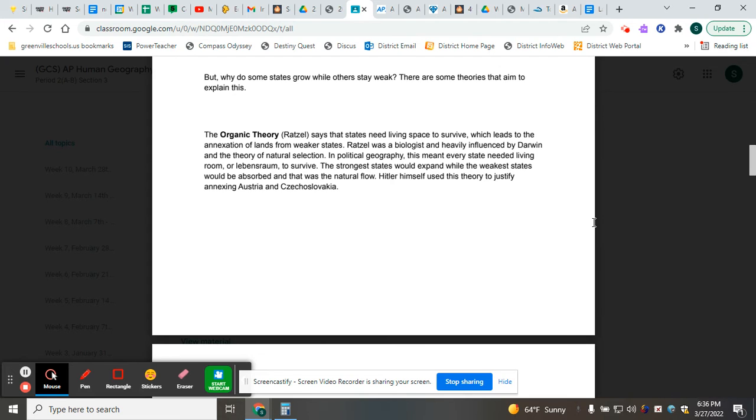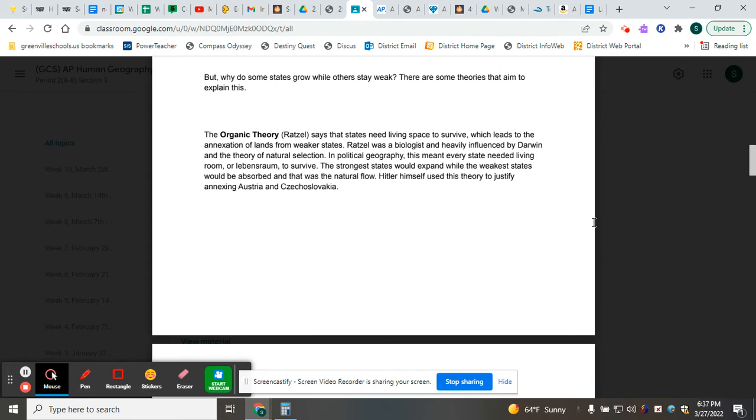The organic theory is trying to explain why a country would want to invade and take over another piece of land. Well, simply put, the guy who came up with this organic theory was actually a biologist and was heavily influenced by Charles Darwin and the theory of natural selection.